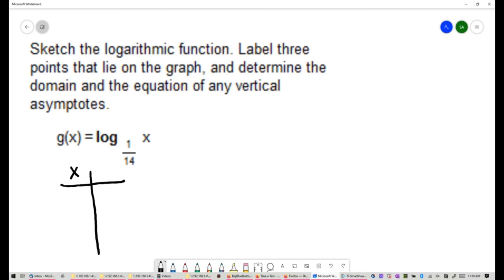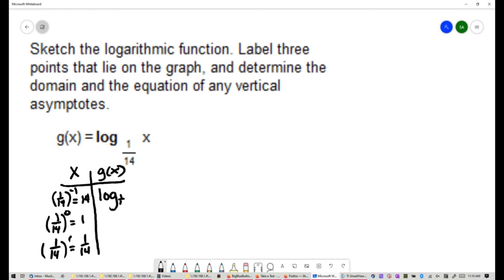So I'm going to use that base of 1/14 to the -1 power, and that would give me 14. The negative in the exponent does the reciprocal of the base. And we have 1/14 to the 0 power would be 1, and 1/14 to the first power would be 1/14. So then I'll find my y values.